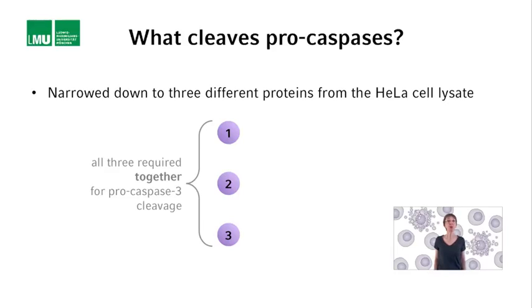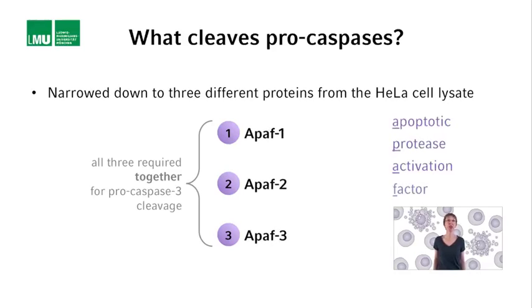Leaving one of these proteins out resulted in no pro-caspase-3 cleavage. Therefore, all 3 proteins were required. The 3 proteins present in these fractions were called APAF1, APAF2, and APAF3, which stands for apoptotic protease activating factors 1, 2, and 3.